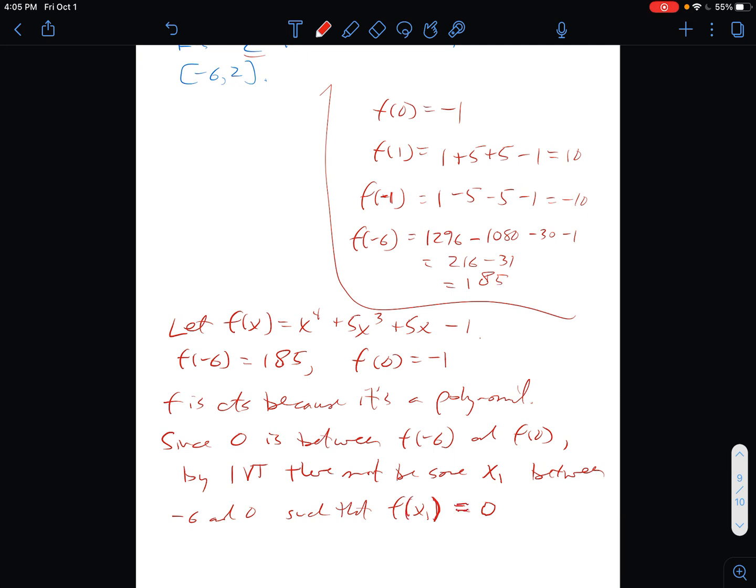I have a continuous function. It used to have a positive value, and later on it had a negative value. It must have had a value of 0 somewhere in between.